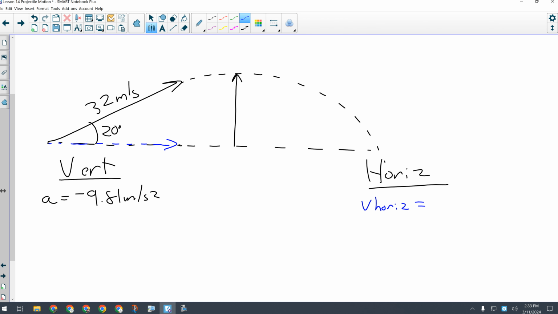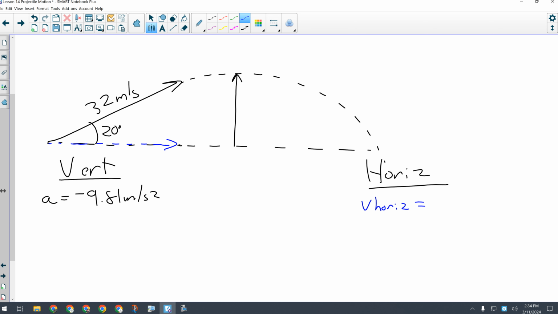So, what trig function would I use to find that? What side of the triangle is that? I'd use cosine.